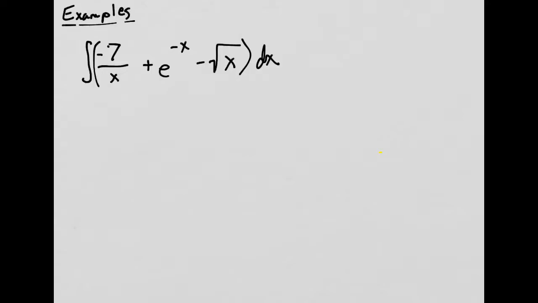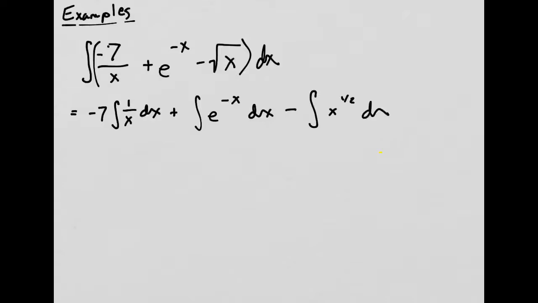Okay, so we want to split this up and rewrite it. So this is equal to negative 7 times the integral of 1 over x dx plus the integral of e to the negative x dx minus the integral of x to the 1/2 dx.